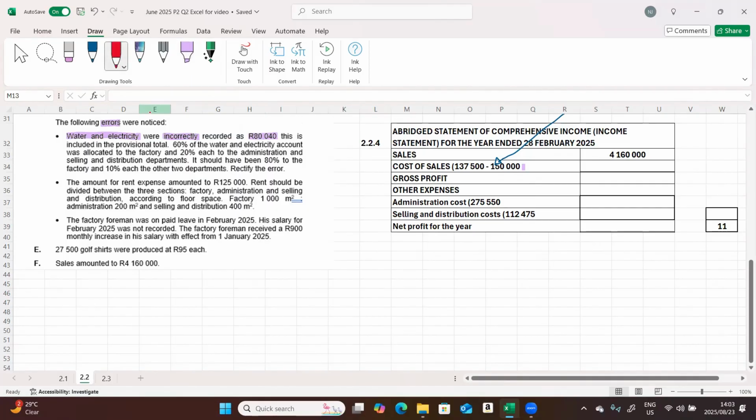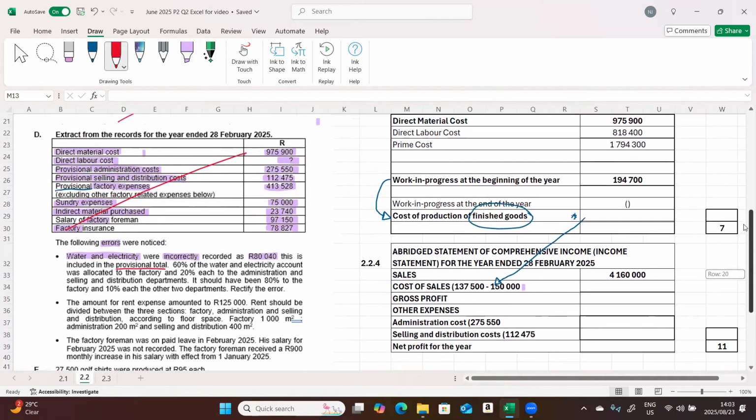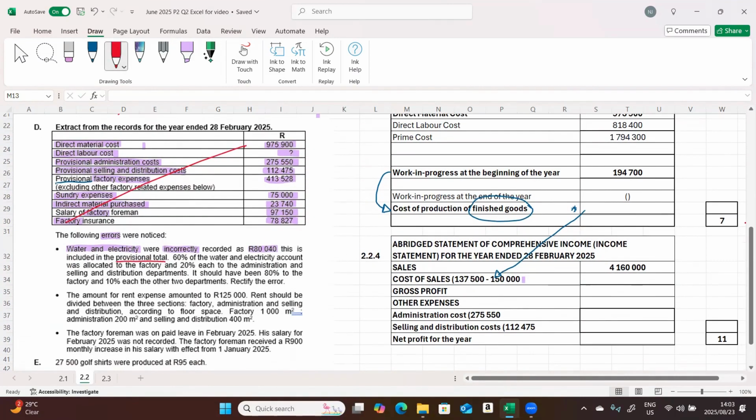It says included in the provisional total, but we have three provisional totals. Can you see? We have 1, 2, 3 provisional totals. So which provisional total are they talking about?